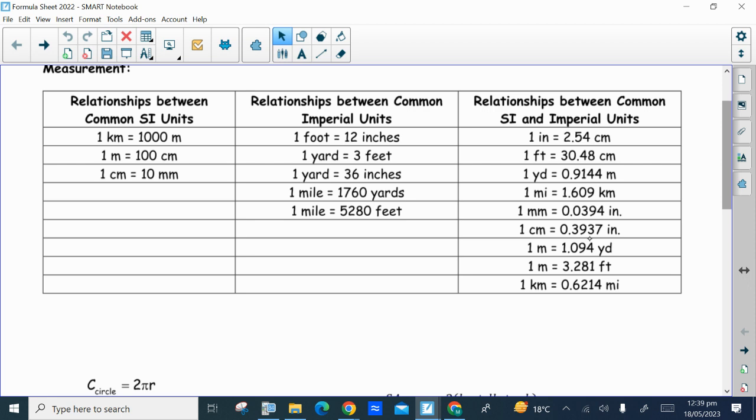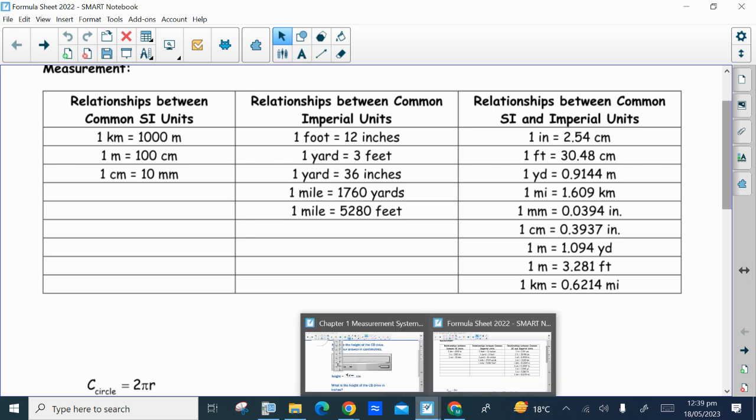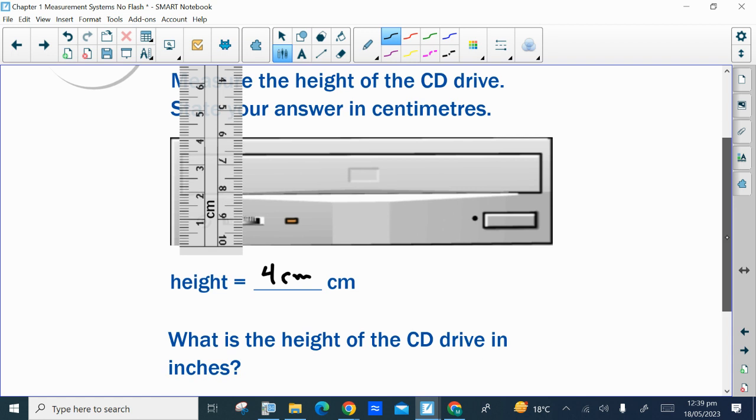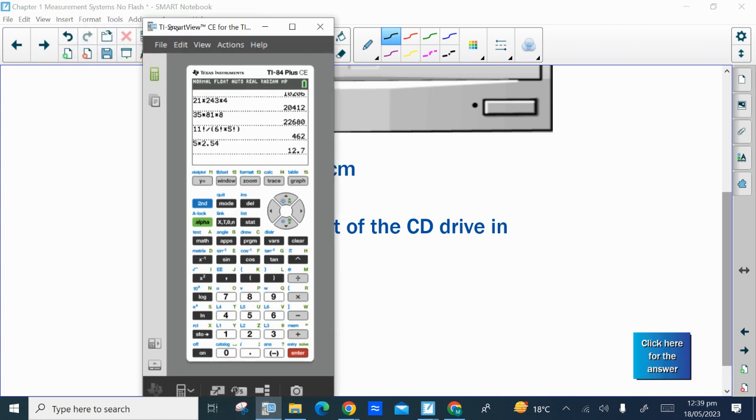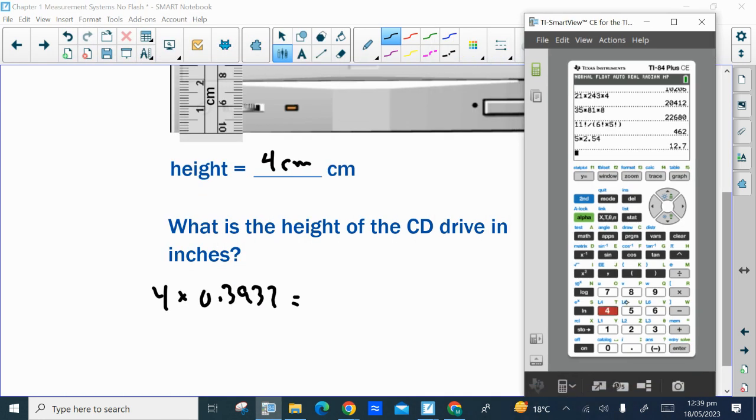So if we have 4 centimeters, we'll multiply 4 by 0.3937. So go to the calculator and do that. So approximately 1.57 inches.